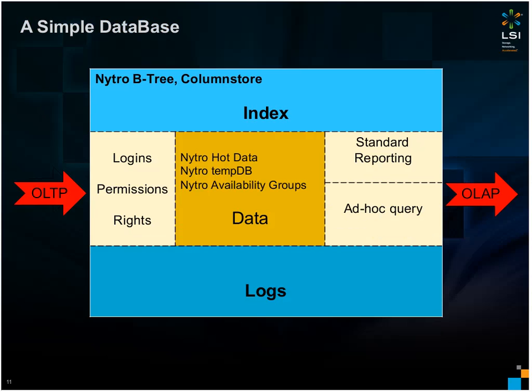Anywhere you see Nytro in this very high-level, simple database structure is opportunities for flash. So indexing, both B-tree, heap, or row-based indexes, is very acceleratable. Column store indexes, which is new to SQL 2012, and I'll talk about that in a little bit, is a very acceleratable component to SQL Server 2012.